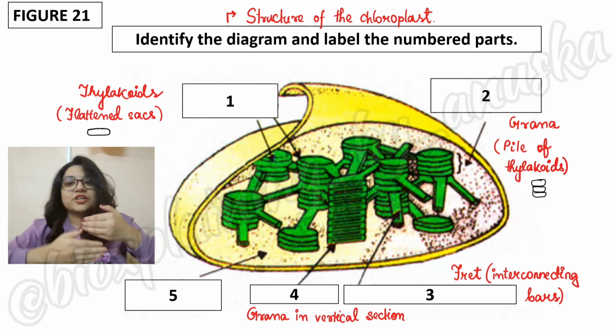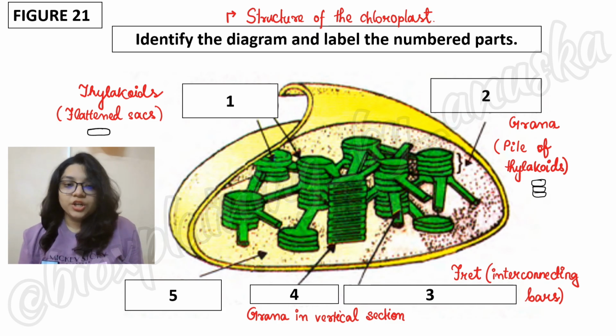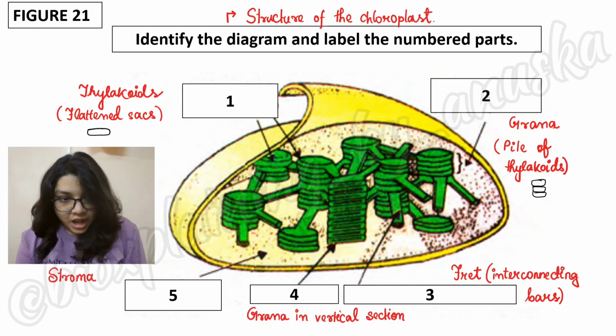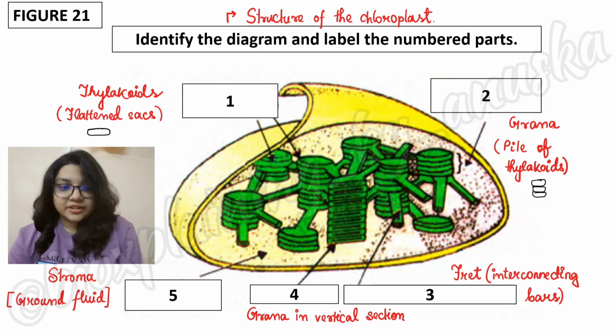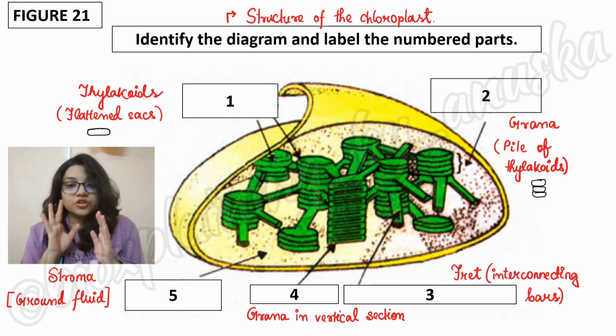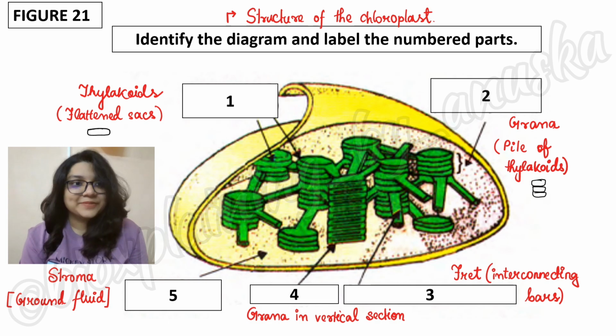You have made a section, you've cut it. Now if you look into it, this is how it is going to look. And part number 5 is the stroma, which is basically the ground matrix or the ground fluid that we have. So the structure of the chloroplast is absolutely clear to all of you, I guess.